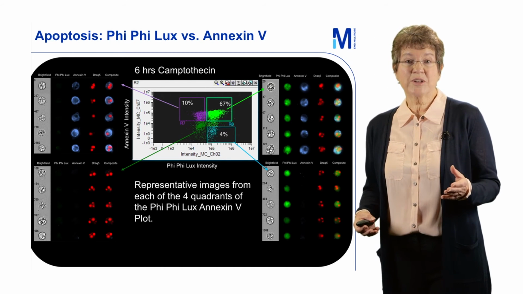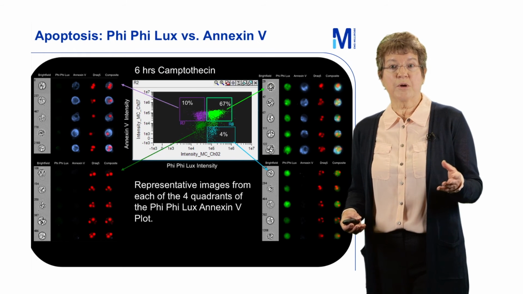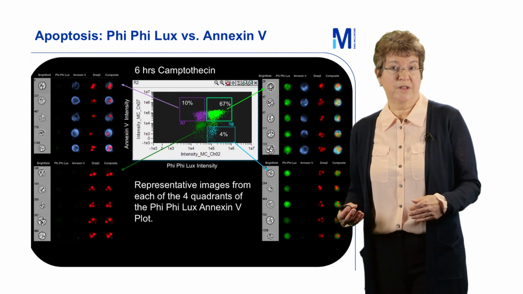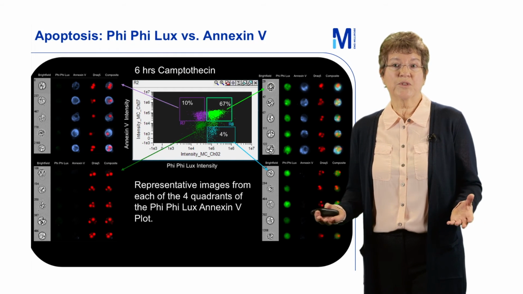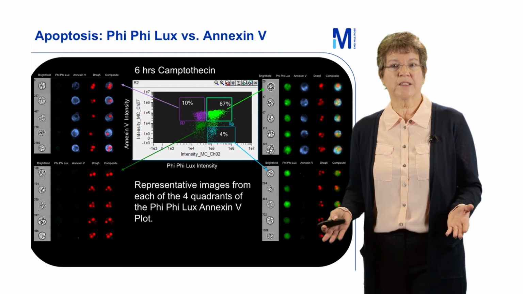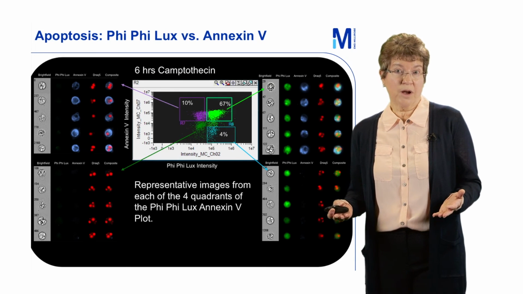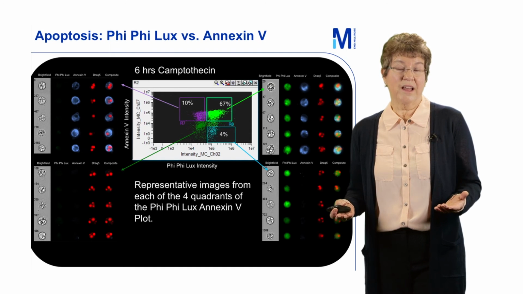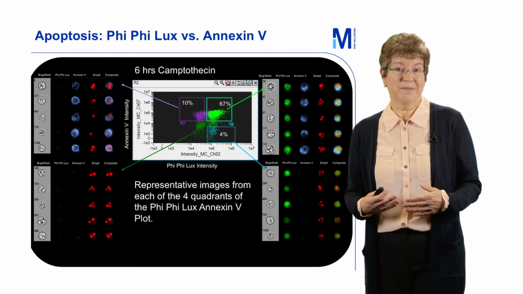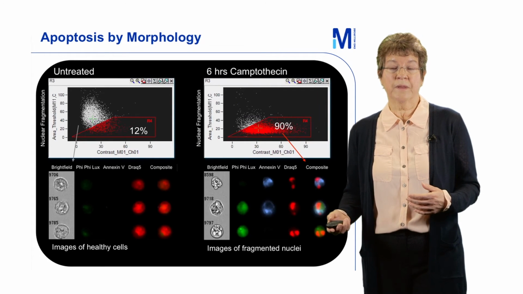Whereas about 10% have bound the annexin 5, but are negative for the Lux, or the caspase activity. Together, at most, you could say probably 77% of these cells are apoptotic. However, if you look in the lower left quadrant, there are cells in that quadrant as well that have fragmented DNA. So we've missed some with both of those assays.